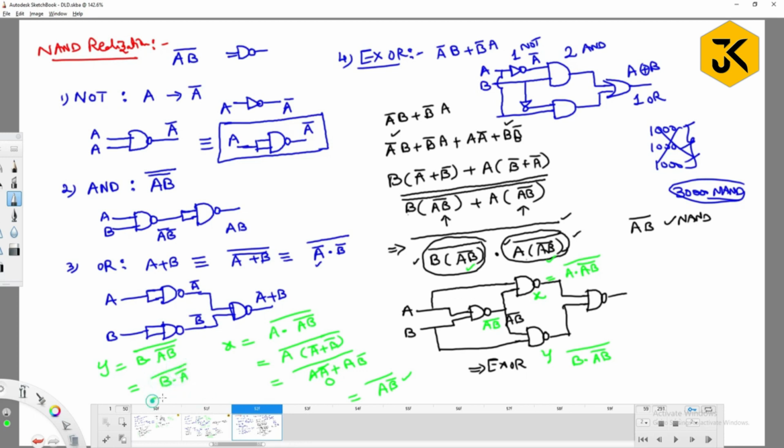So if you elaborately solve, so complement if you remove, that is B complement plus A. This is A complement plus B. So this X expression is indirectly A complement plus B. This Y expression is B complement plus A.